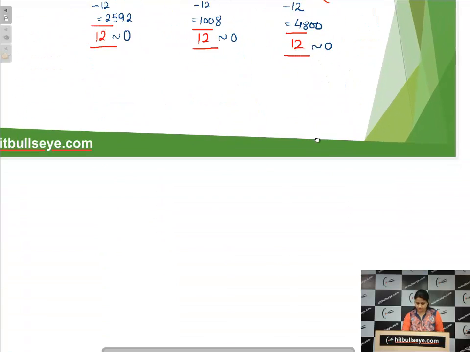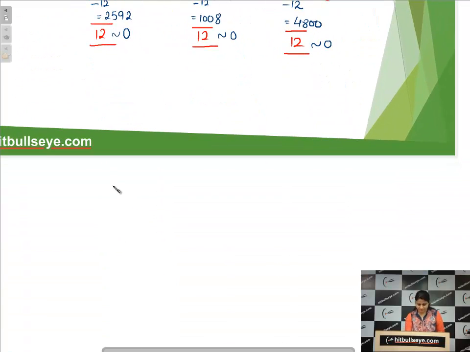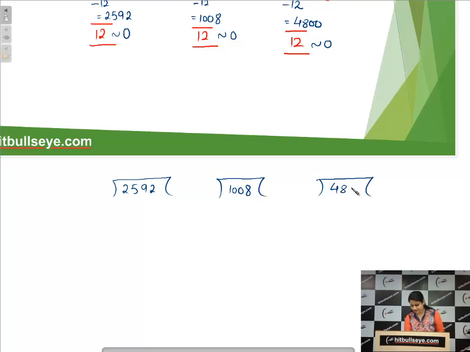So, my question will become, if we divide 2592, 1008 and 4800 by a common number n, we will get remainder as 0. It means n should be a common factor for all these three numbers. And in the question, n should be highest.